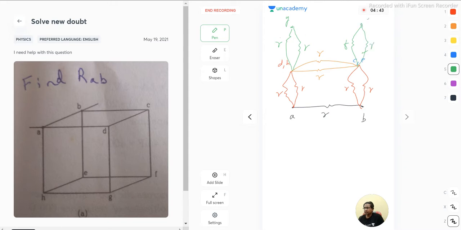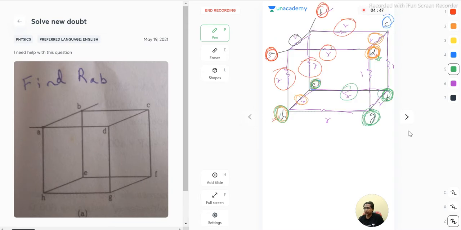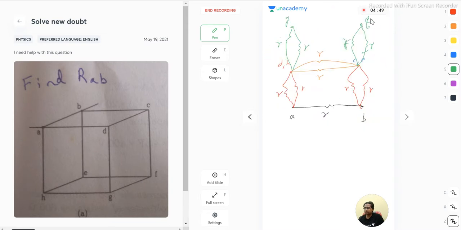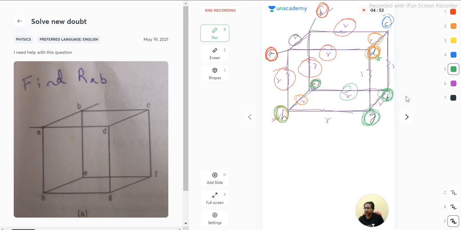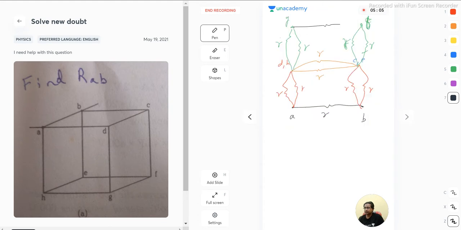And this is the point F. And if we see, G and F are also connected. Where is point G? G is here, and F is here, and they are connected by resistance R. Okay, so this is the equivalent circuit we have.